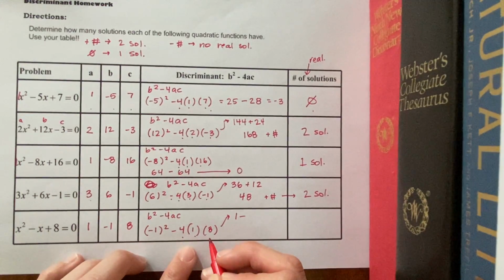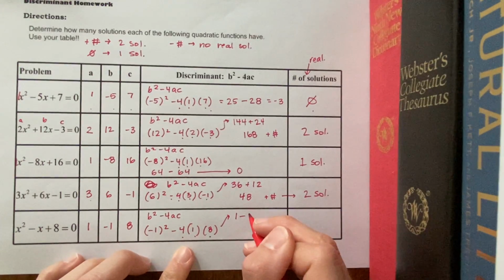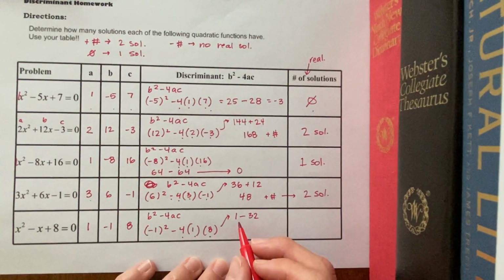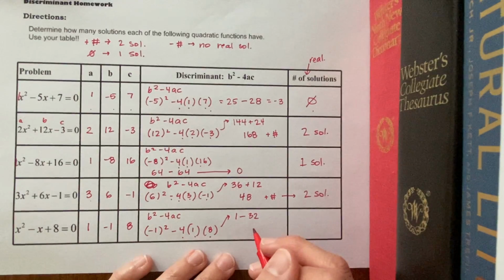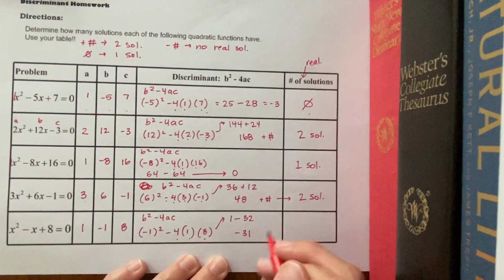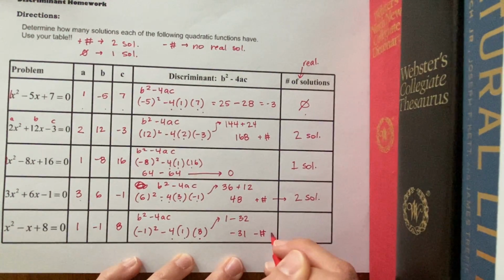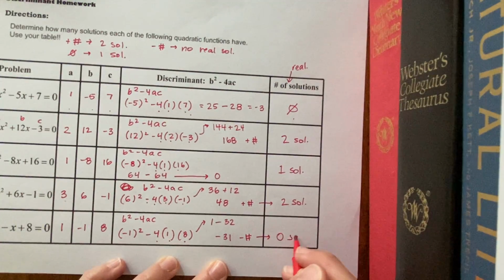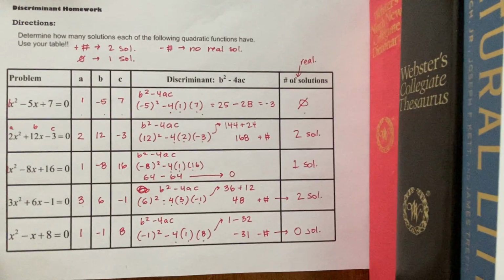Minus 4 times 1 is 4, times 8 is 32. 1 minus 32 will give me -31, which is a negative number. So, of course, there are no solutions there.